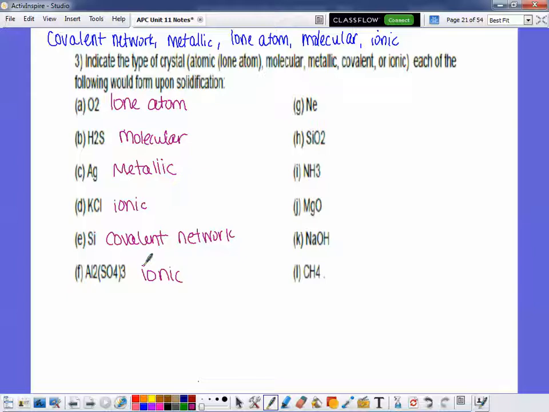What type of solid would neon form? Lone atom. SiO2. NH3. MgO.